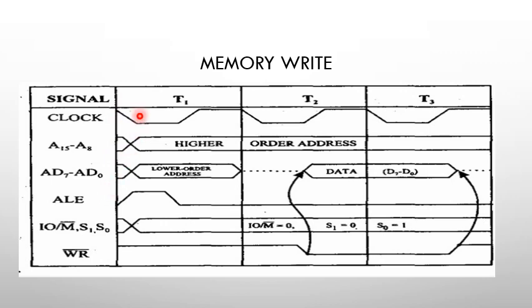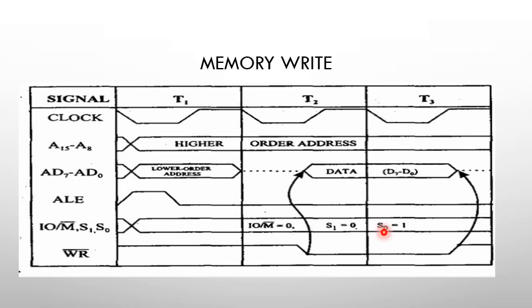In the T1 clock cycle, the higher order address bus A8 to A15 and the lower order multiplexed address and data bus AD0 to AD7 are going to take the address. The ALE signal goes high so that the memory latches AD0 to AD7, so the complete 16-bit address is available. The microprocessor identifies the memory write machine cycle from the status signals: IO/M bar equal to 0, S1 equal to 0 and S0 equal to 1.